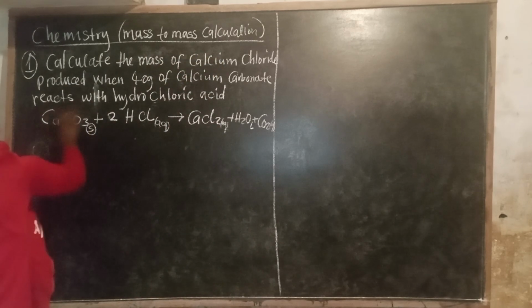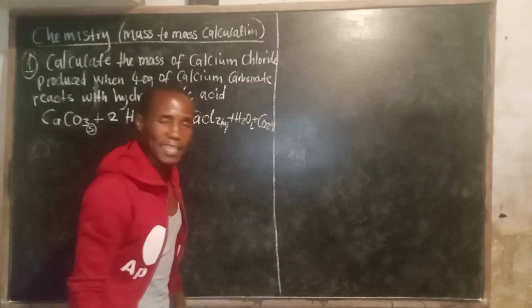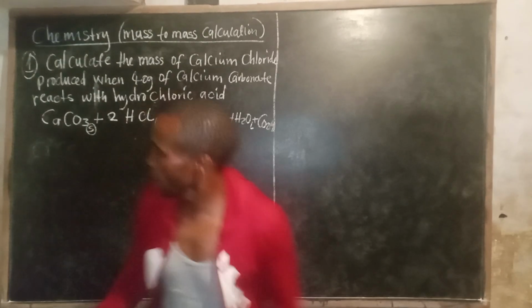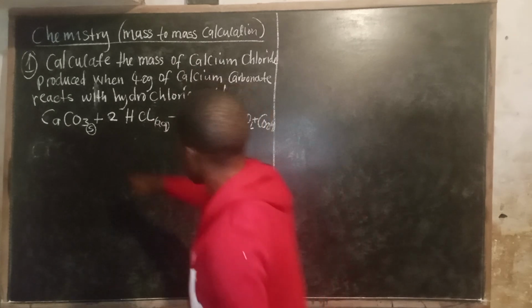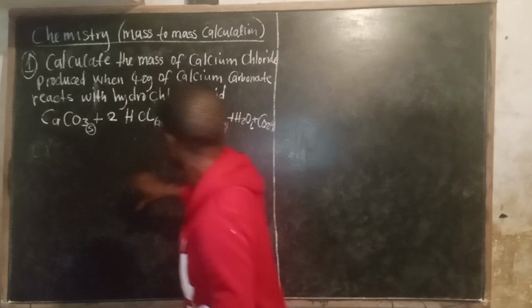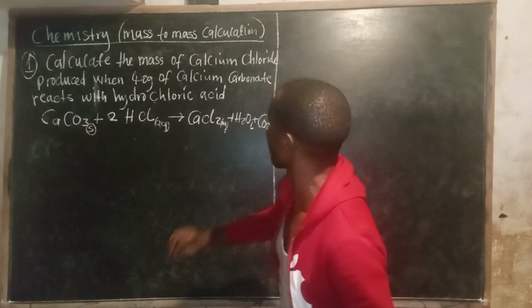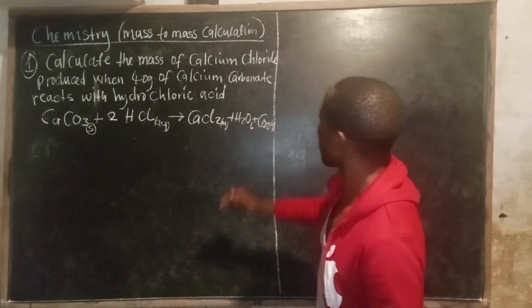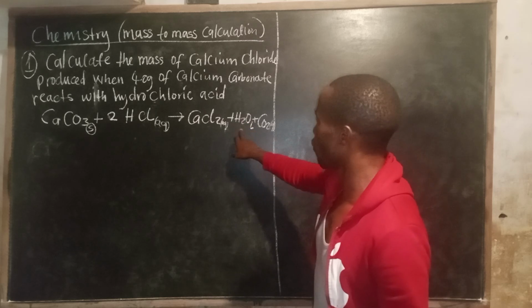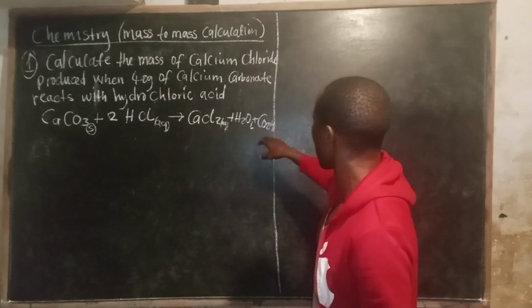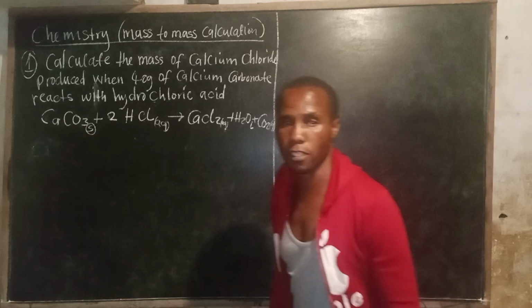How do we calculate the mass of a given compound, like the one that we have there? Remember, this simply means solid. So this one is in solid state, then this one is aqueous solution, this one is also aqueous. This one is liquid, this is water. Then we have carbon dioxide, which is gas.